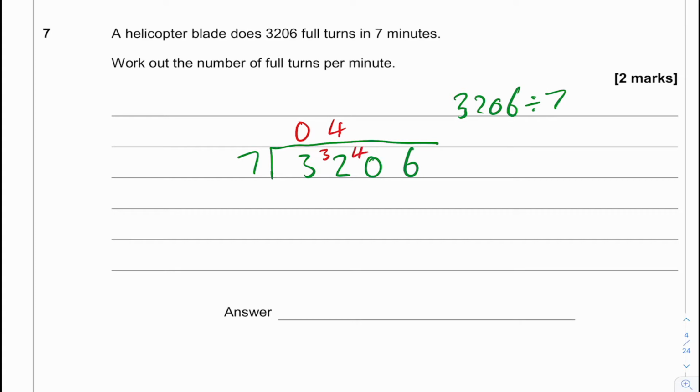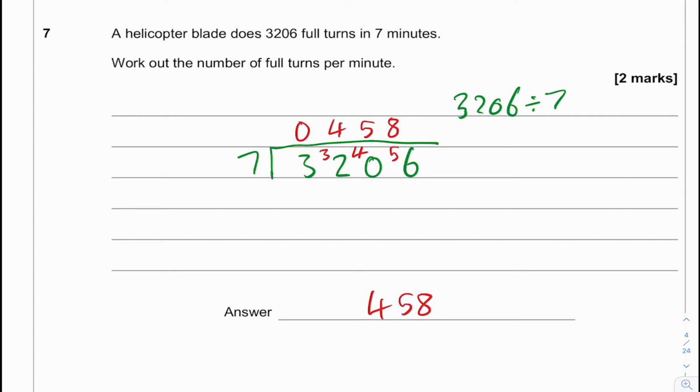Okay, we do the same thing then. 40 and 7, we can't divide 40 by 7 exactly, but we can go to the closest number, which is 7 times 5, which gives us 35. So we can put a 5 down here, and then 40, take away our 35, leaves us with a remainder of 5, and then we consider 56 divided by 7, and this does divide exactly, so 56 divided by 7 gives us 8, so the answer is 458.